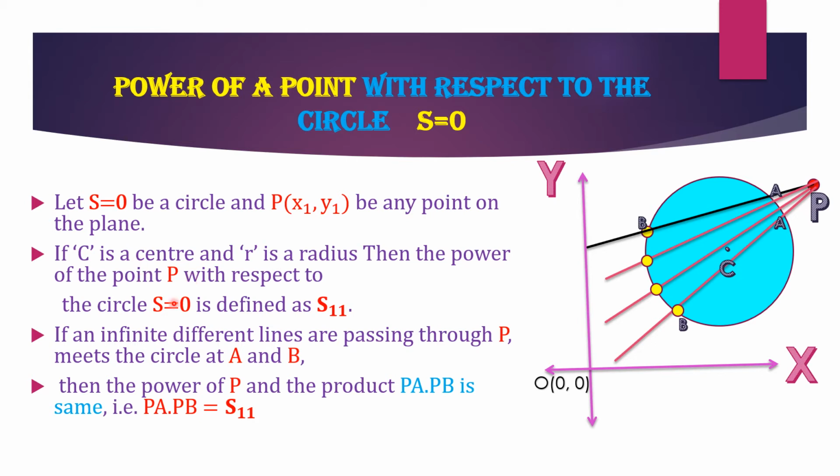Here C is the center and r is the radius. Already we know the power of the point P with respect to the circle S equal to 0 is defined as S11, as discussed in the previous slide.